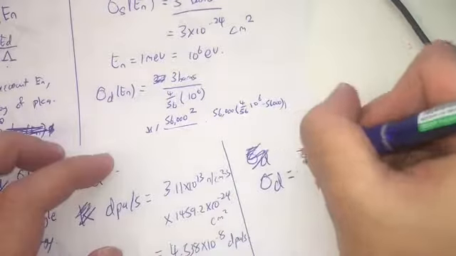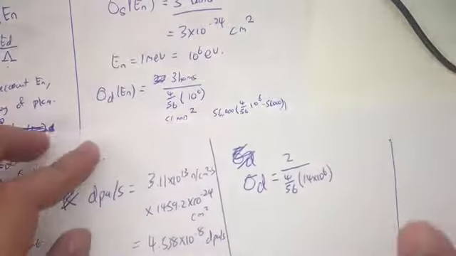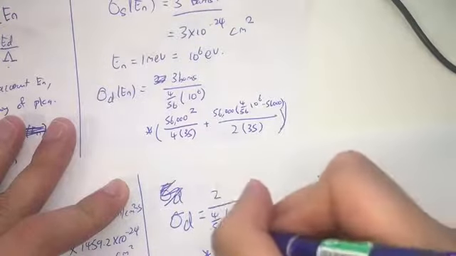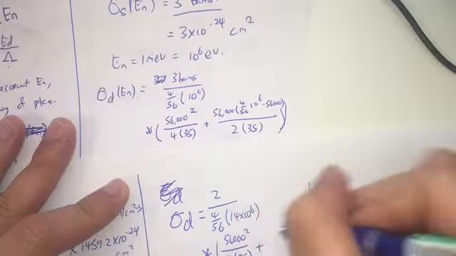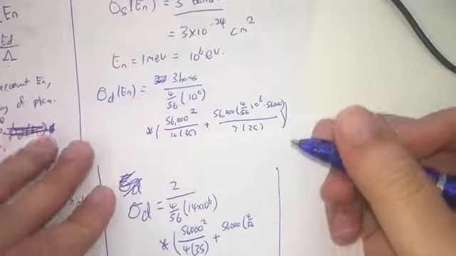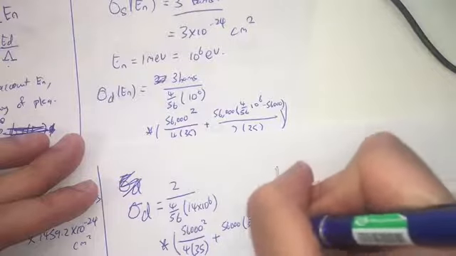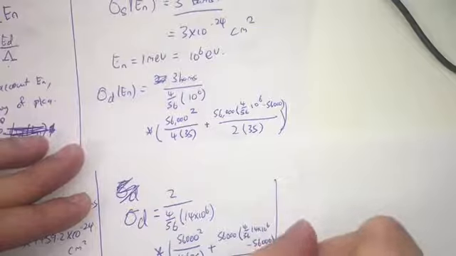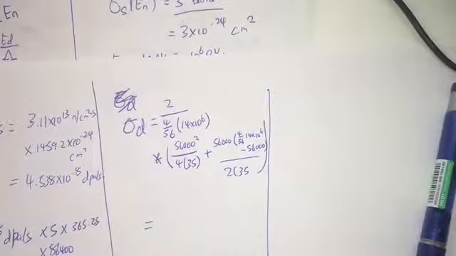So I'll put 2 over 4 over 56, 14 times 10 to the 6, times 56,000 squared over 4 times 35 plus 56,000, 4 over 56 times 14 times 10 to the 6, over 2 times 35. Okay, let's calculate.